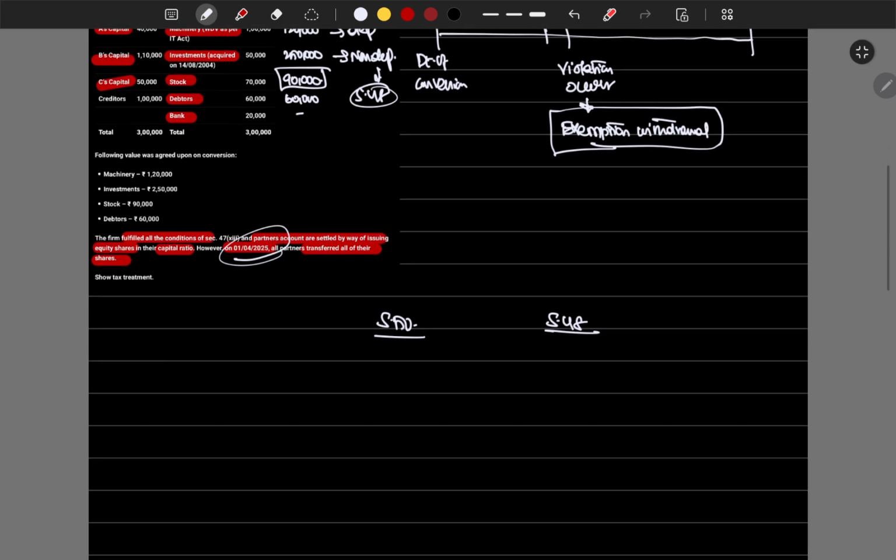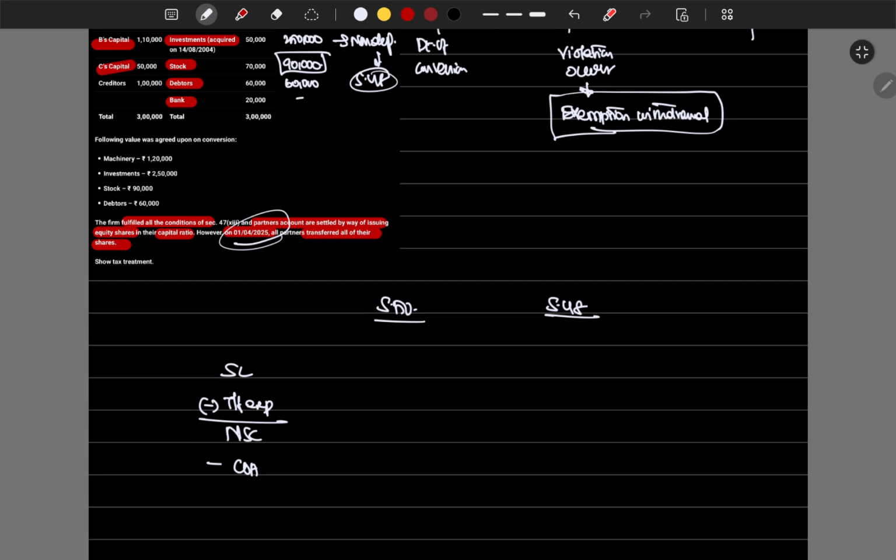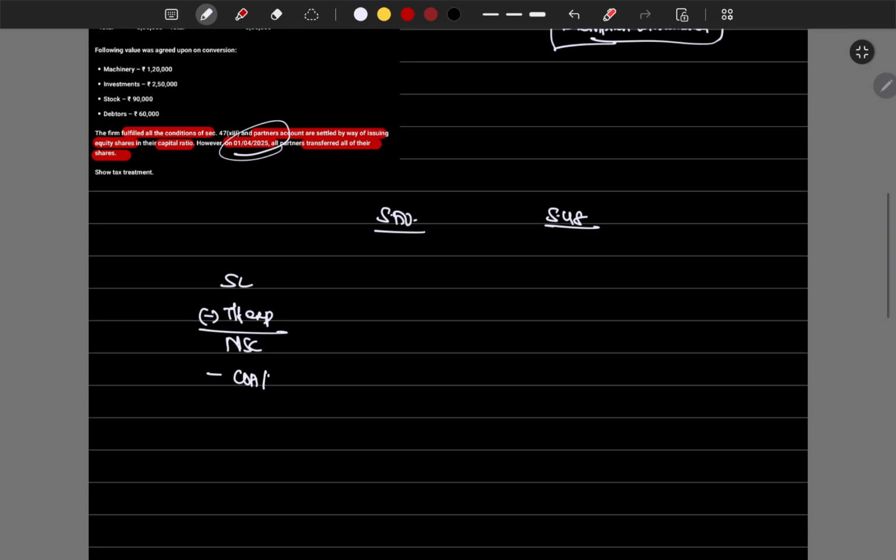So we have to calculate the capital gains. Sale consideration minus transfer expense gives the net sale consideration, minus cost of acquisition or indexed cost of acquisition, minus cost of improvement or indexed cost of improvement.